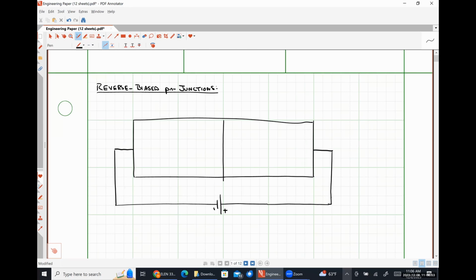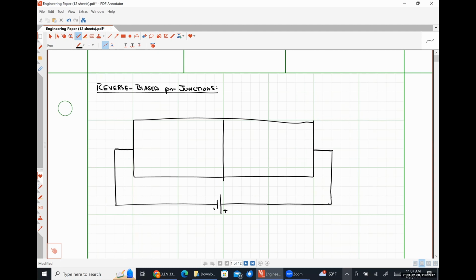The barrier is increased, and we have a very strong field pushing majority carriers away from the edge of the depletion region, right? It should hopefully be obvious that the width of the depletion region is also going to be larger in the case of a reverse bias junction, because we saw it get smaller in the case of a forward bias junction.